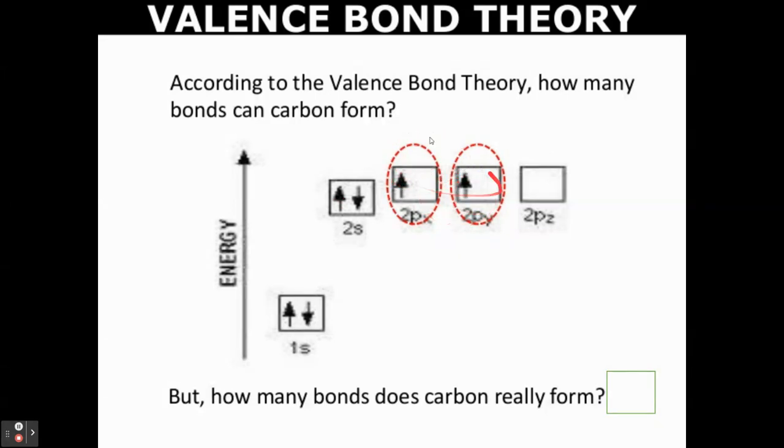So if we just stick with valence bond theory the way it is with these energy level diagrams, it looks like carbon can only really bond in two places, here and here. But in reality, we know carbon forms 4 bonds and can accommodate more electrons than just 2. So how do we explain why carbon can form 4 bonds rather than 2 using valence bond theory? Well, as is, we can't.